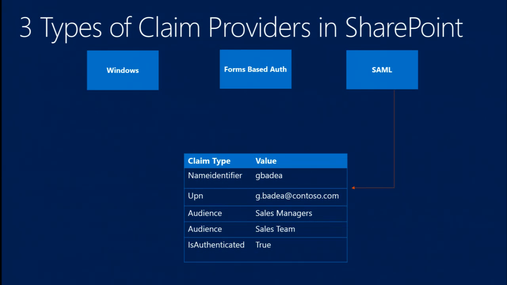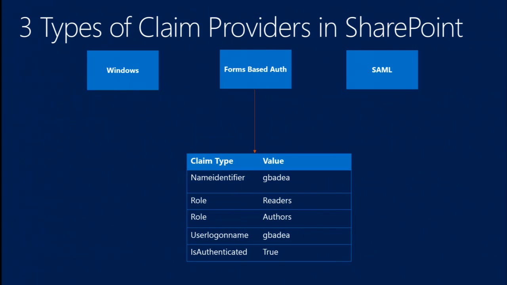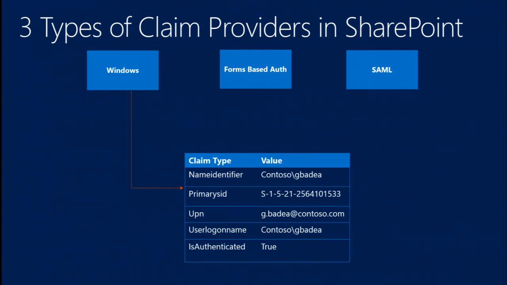What I want to point out here is, if you notice, in each one of these, we have a field called is authenticated. So this is basically what tells SharePoint that the user has entered the correct credentials. So there's no password being passed in here or encoded or transmitted, or there's nothing like that. It's just a Boolean field that tells SharePoint, yes, this user presented the correct credentials or not.